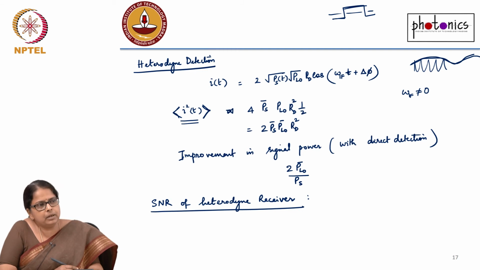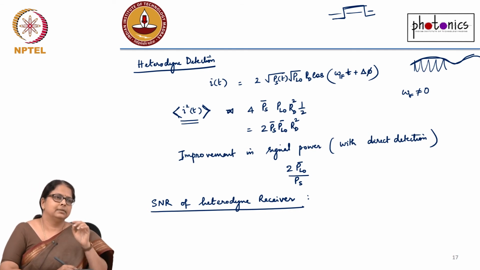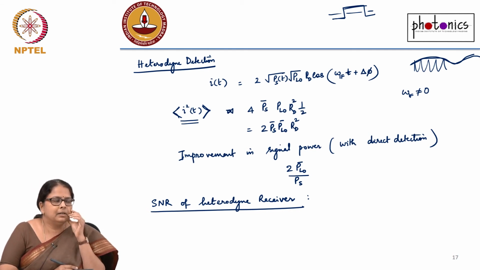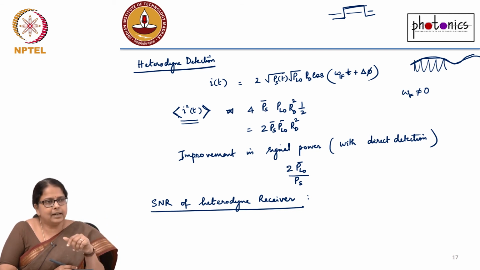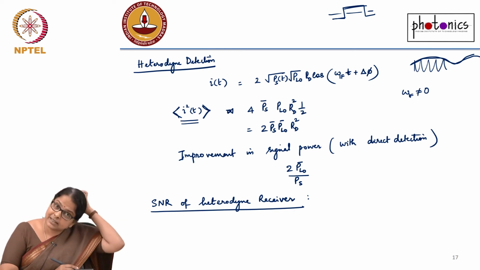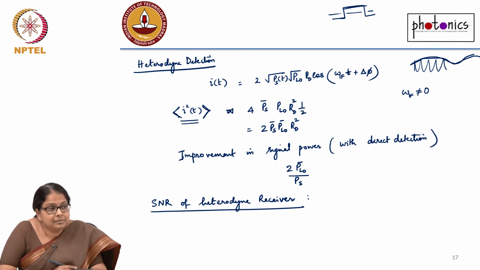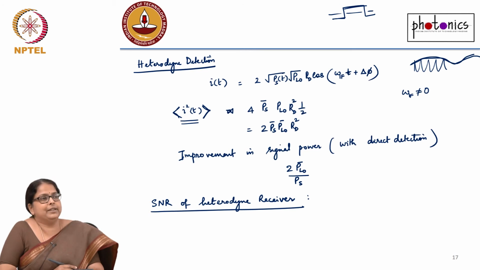Would the SNR improve, or would the SNR degrade, or the SNR remain the same in comparison with... so two comparisons we need to make. One is with the homodyne detector and the other one is with a direct detection receiver. So take a guess. Would my SNR improve in a homodyne or a heterodyne receiver? You think it is going to improve? Let's see whether it is going to improve.